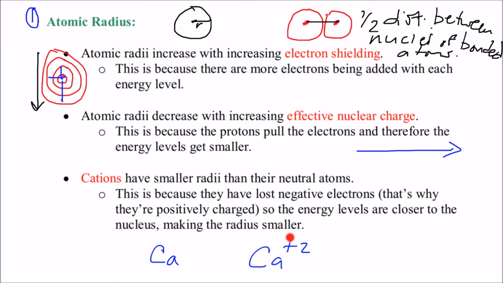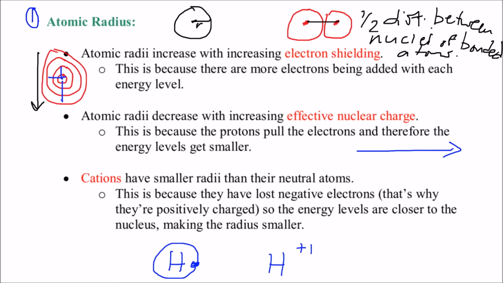So the reason that this has a plus 2 charge is because it lost 2 electrons. Alright? So let's say I'm going to talk about hydrogen, and I'm going to talk about the hydrogen cation. Well, this hydrogen has 1 electron, and it's in the first energy level.